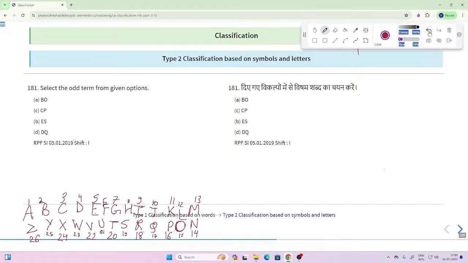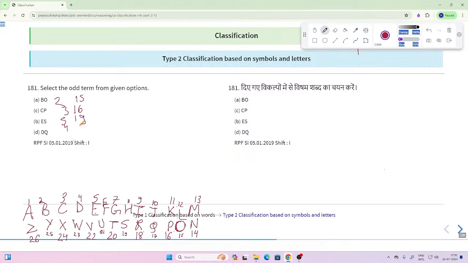Next, P O C P. Again, let's convert these into numbers. 2 and 15. C is 3 and 16. So whatever relationship is there seems to be plus 13. E is 5, S is 19.